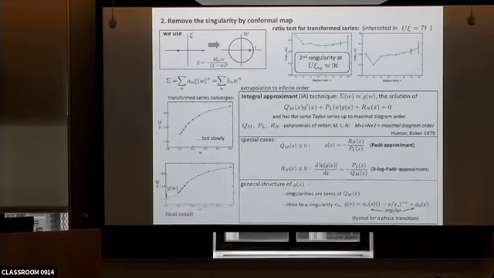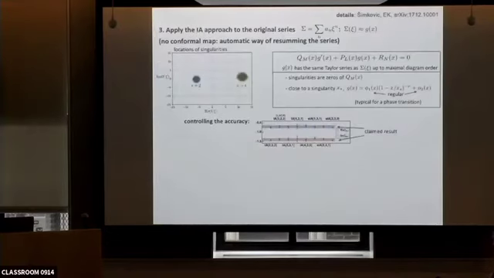Right. So we can also do the same thing essentially in an automatic way without any conformal map. You can just apply the integral approximant approach to the original series. And it will immediately give us the two singularities that we have discovered through the consecutive conformal maps, with a certain error bar.